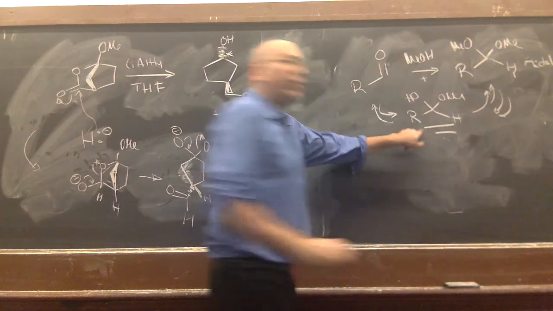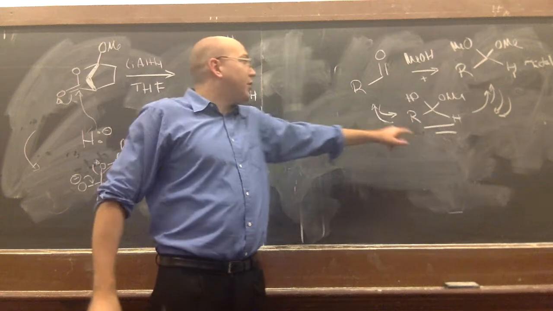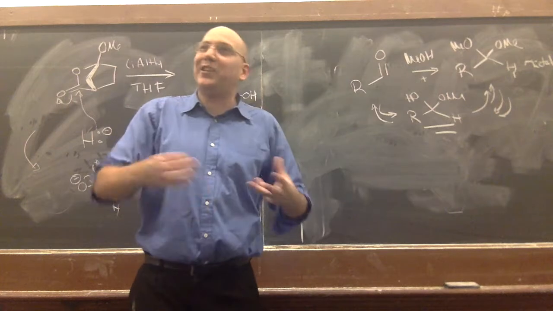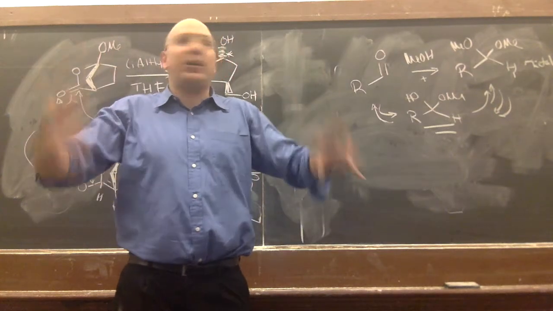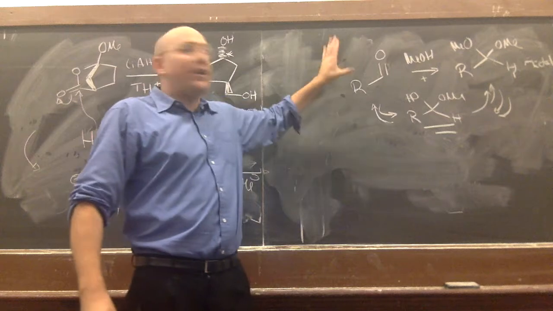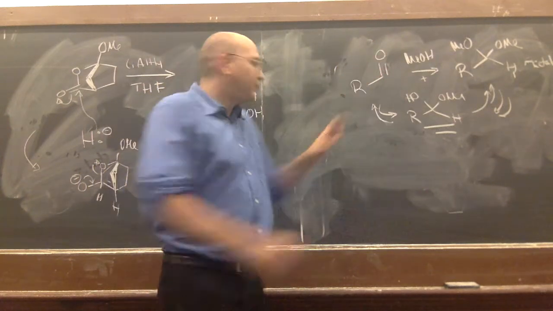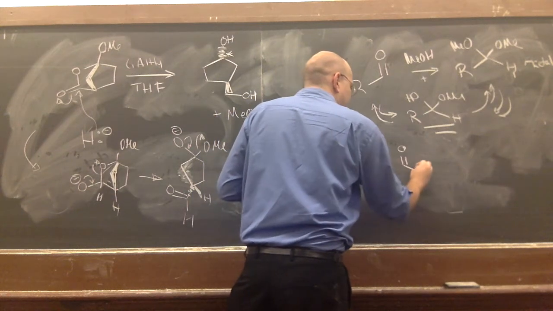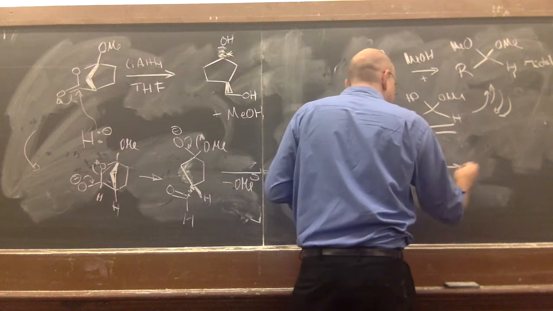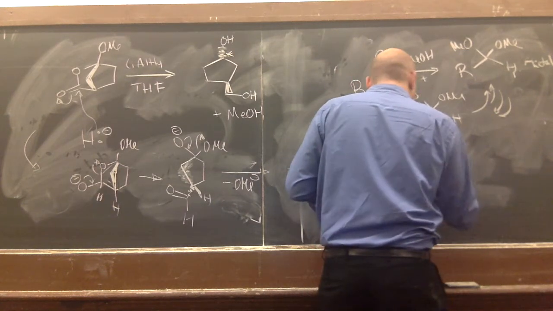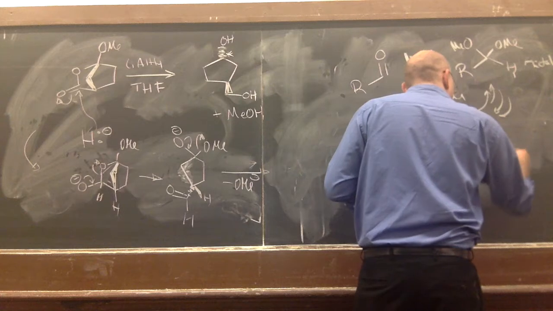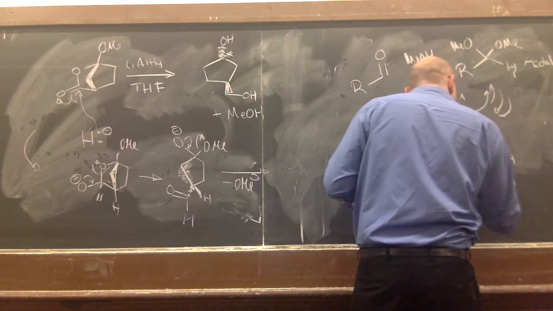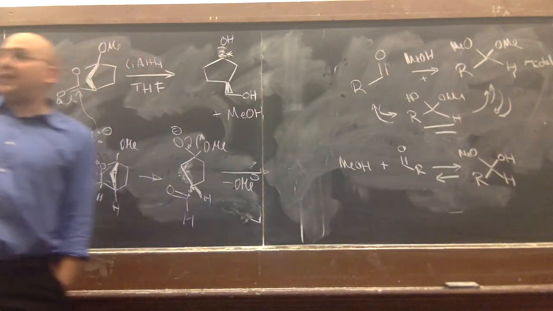But focusing on this molecule here, if you had an equilibrium of one molecule of aldehyde and one molecule of methanol, not that you could ever do that, but just as a thought experiment, that's going to be the intermediate.